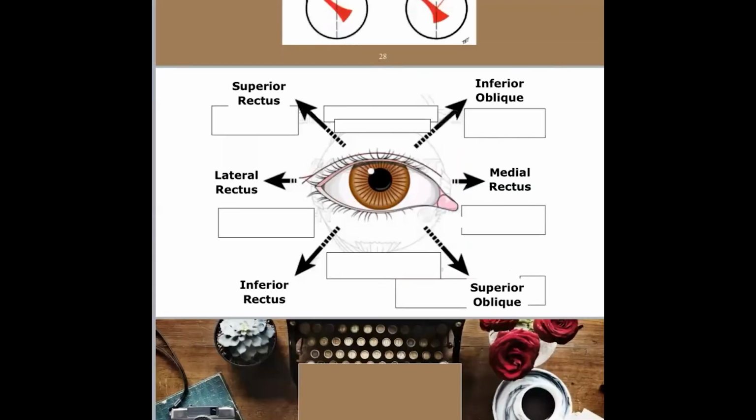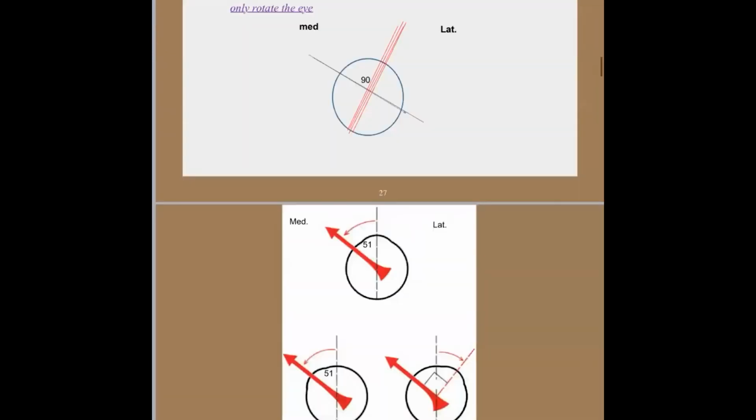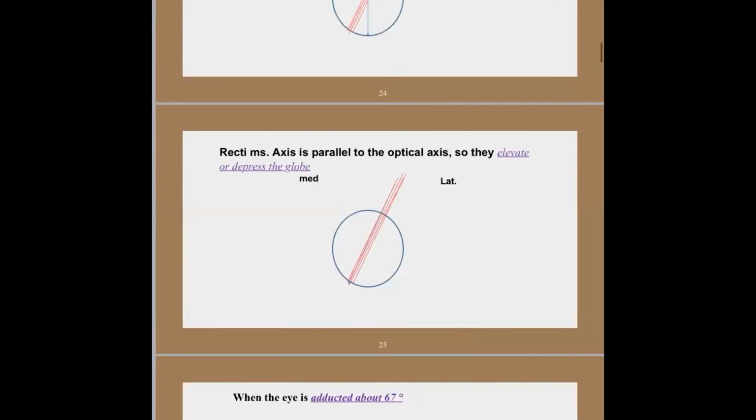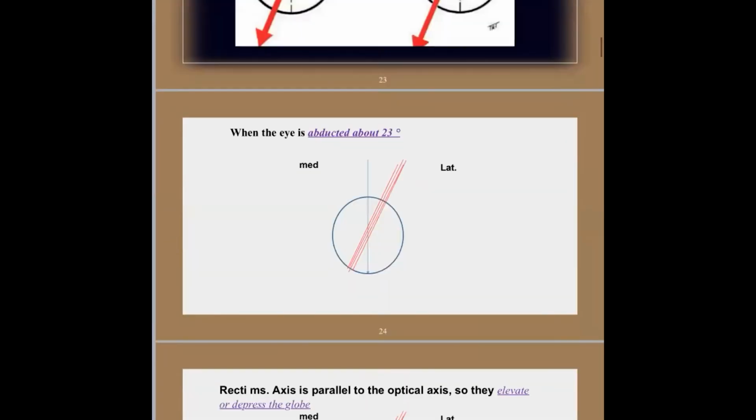I have 5 rules, but before these 5 rules, I want you to remember this one, because you didn't mention it while I was talking about rule number 4, the main elevator and depressor. Let's talk about the recti muscles. Look here, this is lateral, this is medial.